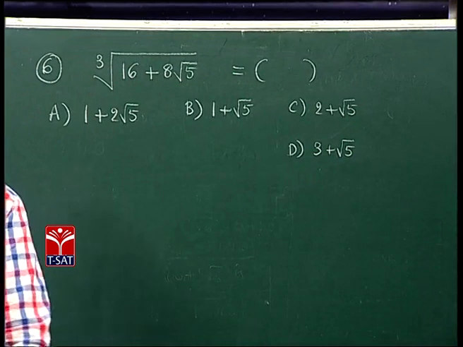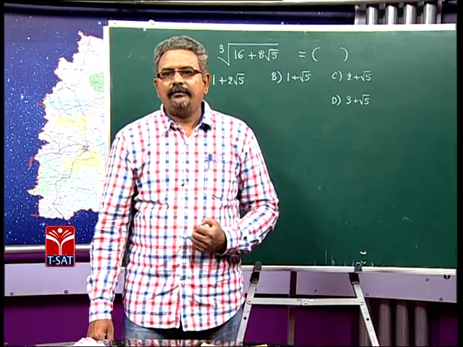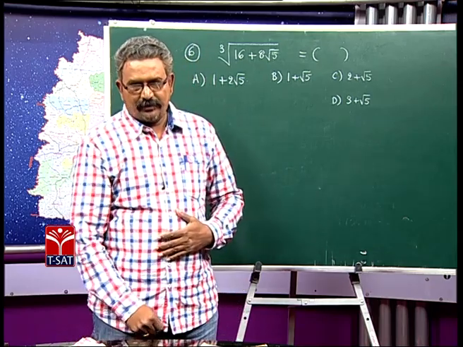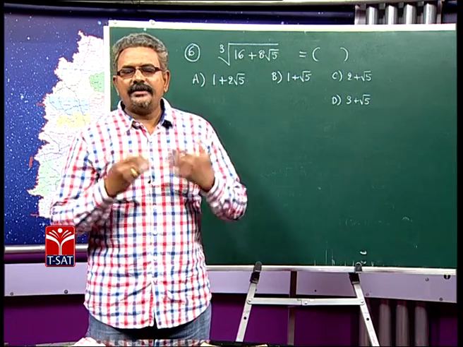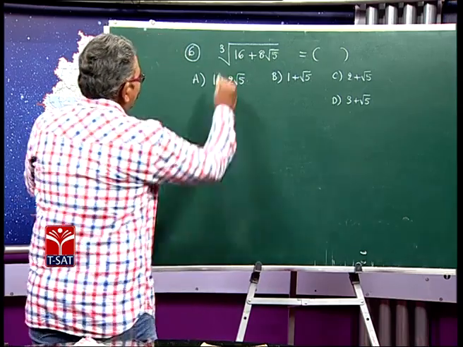Okay. Now, we are dealing with problems with cube roots of surds. So, how to find the cube root of a surd which is in the form of a plus root b?